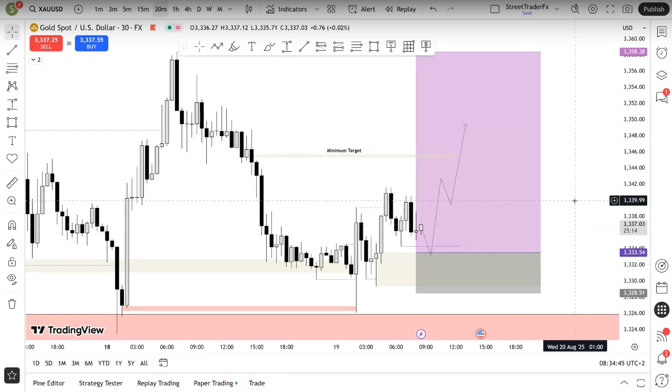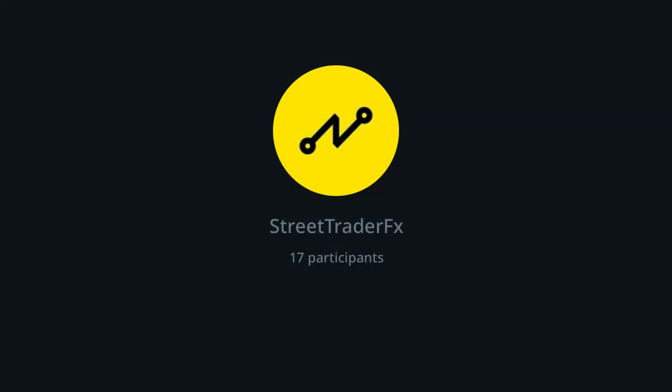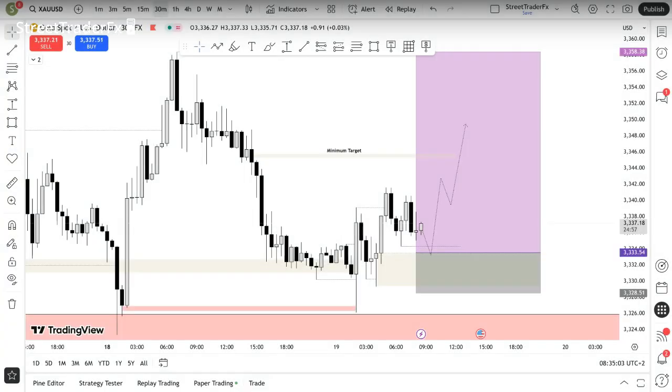So I'm just quickly copying the link. Let's see, Telegram. I'm going to send it out to the Signal Scoop first. Stop loss 3328.51.